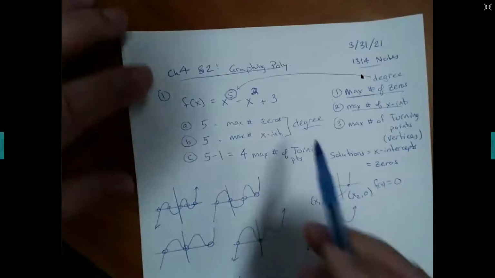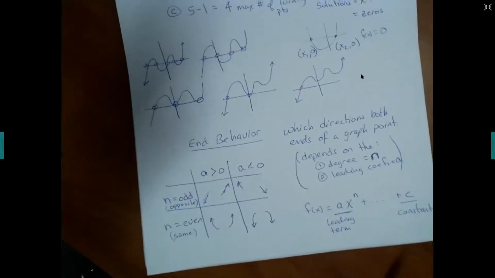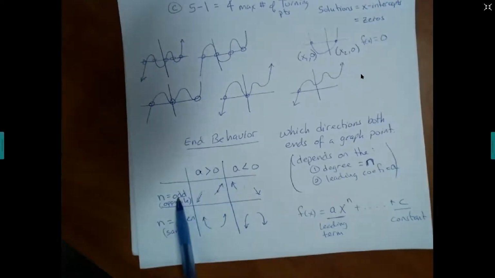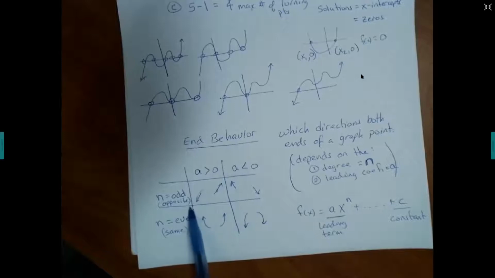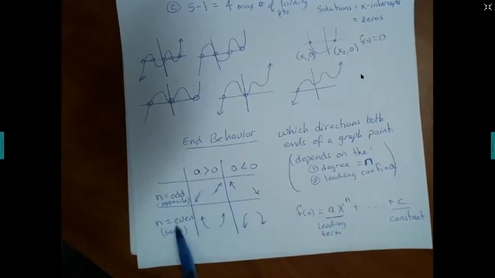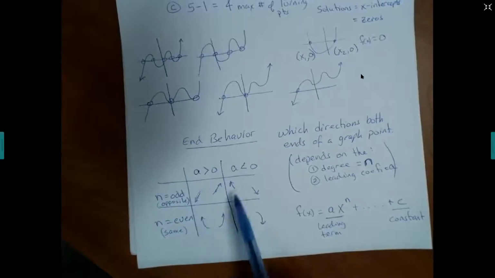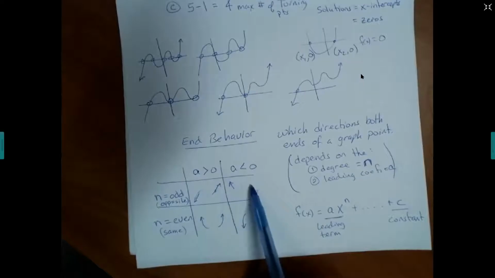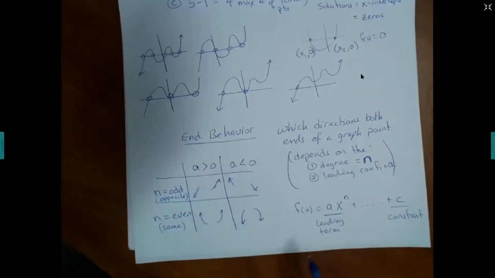So there's our graph. If A is positive and N is odd, the left end goes down, right end goes up. If A is positive, N is even, they both go up. If A is negative, it's a decreasing function. Left end goes up, right end goes down, or both go down.